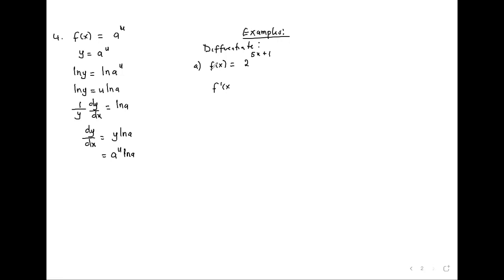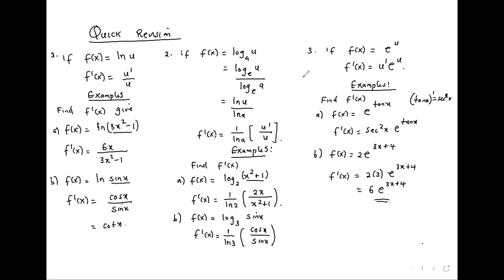The derivative is equal to 2 to the power 5x plus 1 is the first thing you quote, and then ln 2. But that's not done. There's also the derivative of 5x plus 1, which is 5. This is obtained from the previous section where the power must be differentiated.